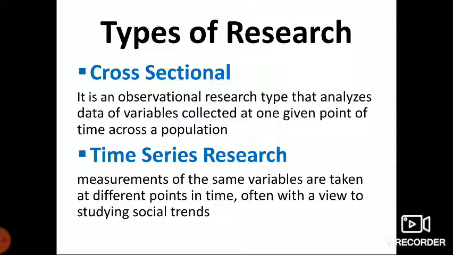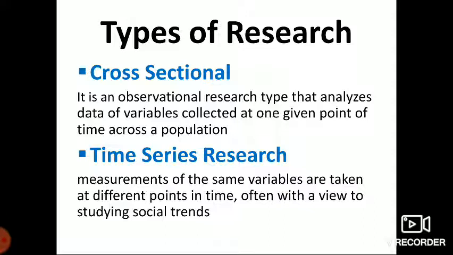That means it is an observational research type. Let me explain it with an example. There are 10 people in a group. First we select one individual and compare this individual with the remaining 9 individuals at the same time. It helps us identify how far a particular individual differs or is unique from others. This is cross-sectional research.